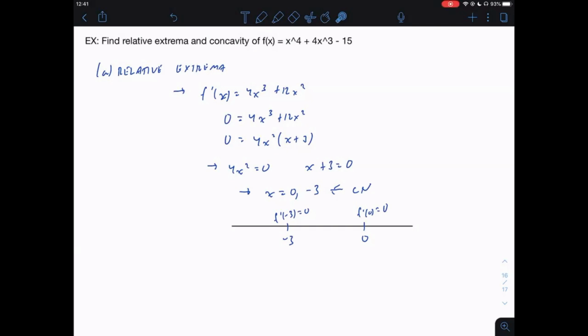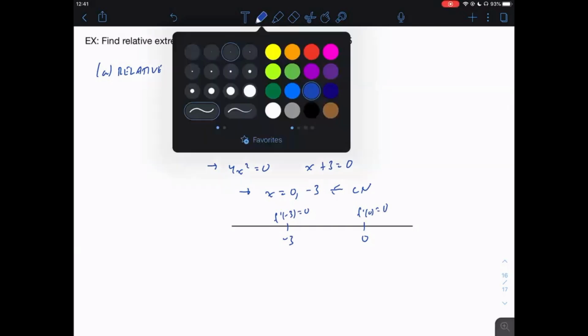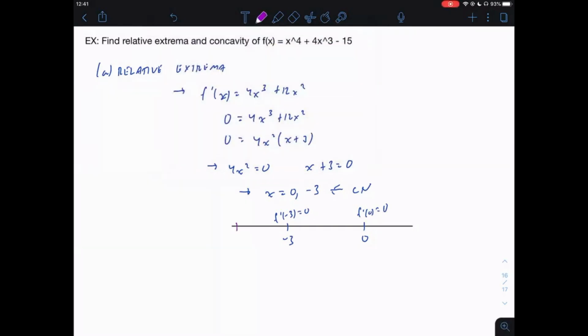Now let's pick some test points: negative 4, negative 1, and then positive 1. We plug these into the first derivative to determine the behavior, the direction of the original function.